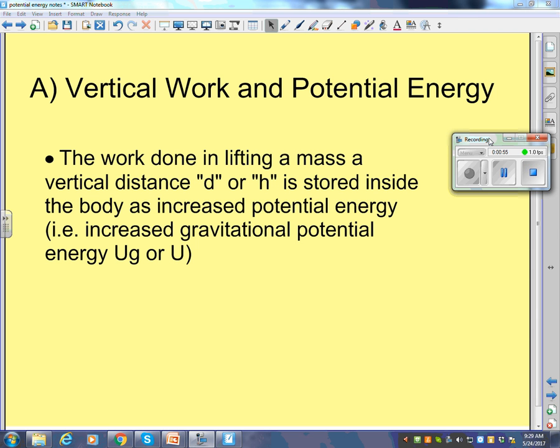Most kids say, why wouldn't it be EP or PE? Those are all valid. UG would stand for gravitational potential energy. It's a different convention.